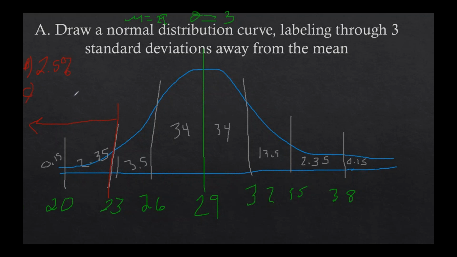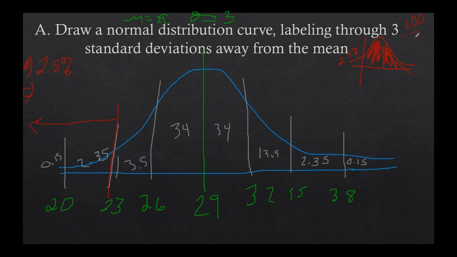C said, what is the probability a car gets more than 23? Now, remember from a couple slides ago, I'm just going to re-diagram it up here. We have a vertical line, and we said on the left is 2.5%. That's less than. If I want more than, that's everything on the other side. What's a quick way of figuring that out? 100 minus 2.5.